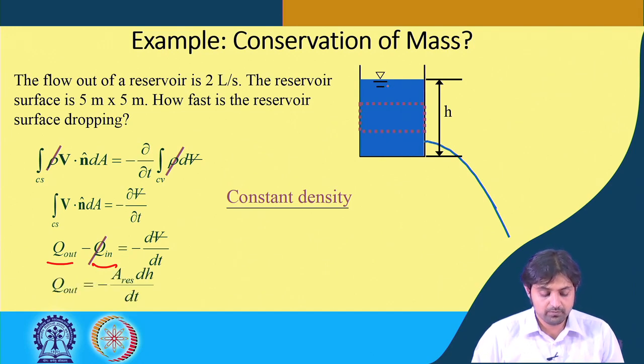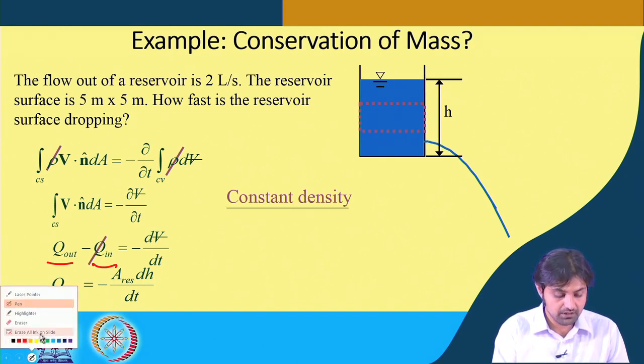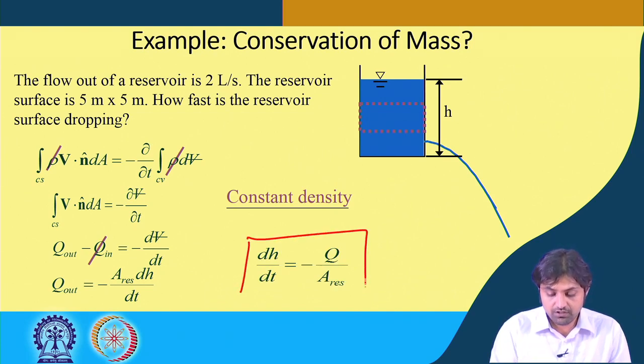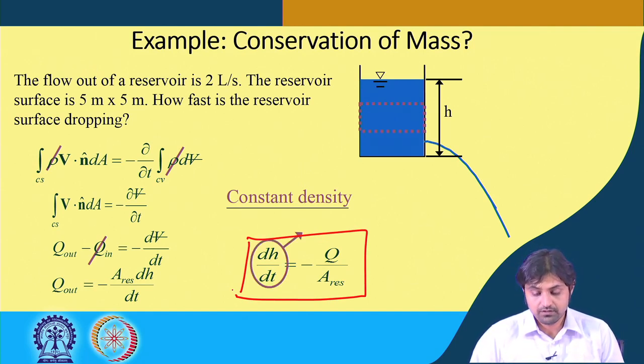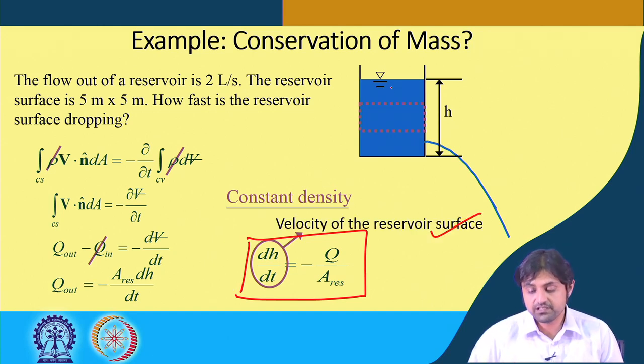So, Q out will be simply minus area of reservoir times dH/dt. Okay. Or we can simply write the rate of fall of height with respect to time as minus Q by area of the reservoir. So, dH/dt is the velocity of the reservoir surface.